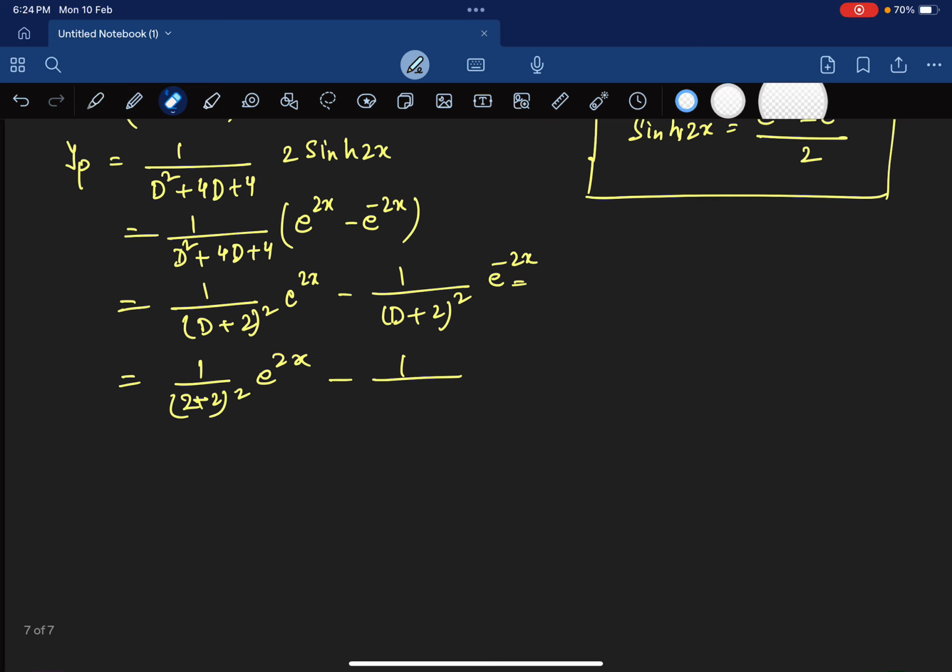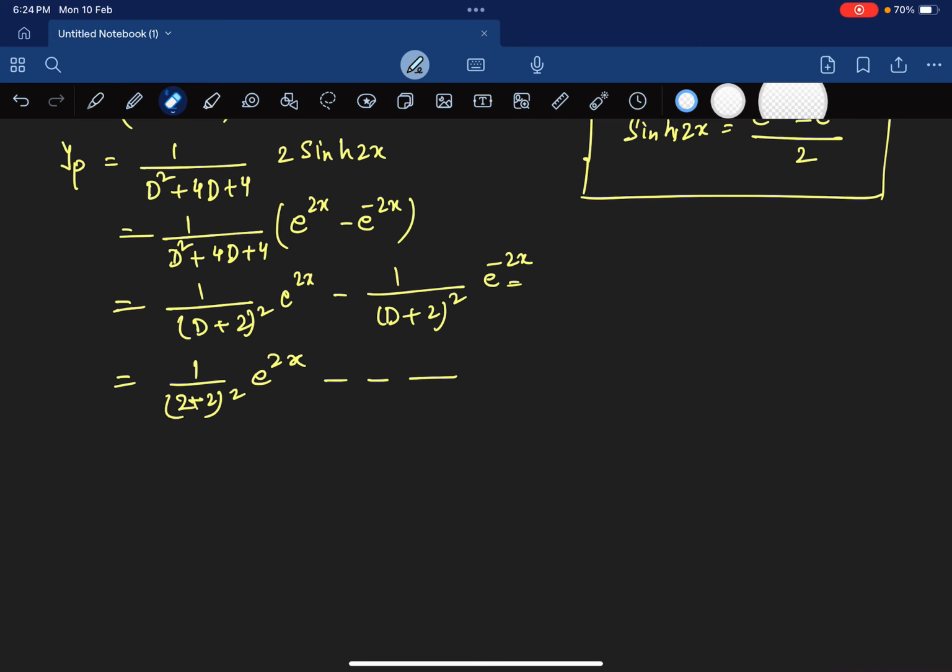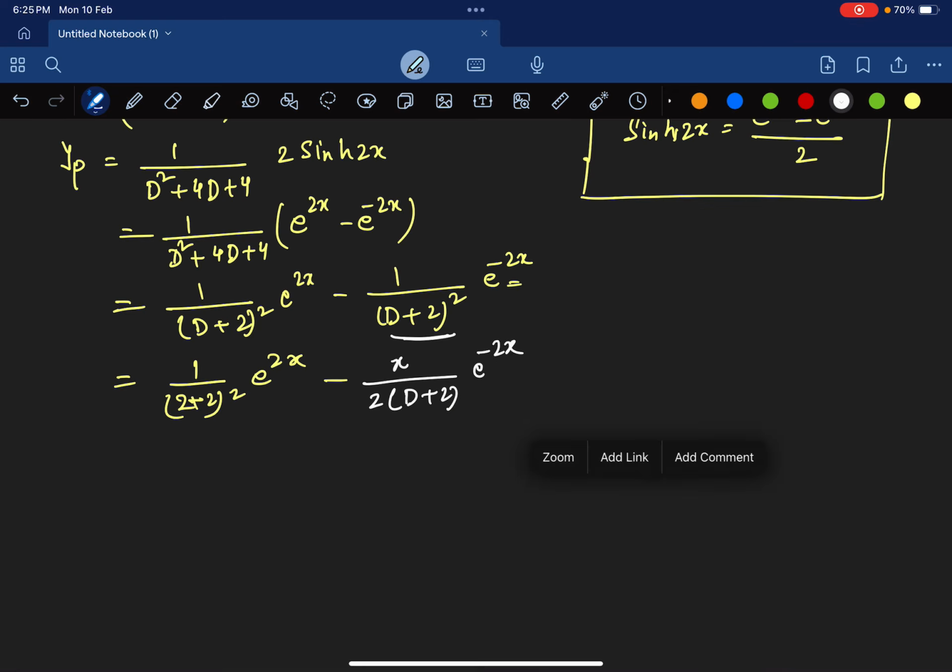So in that case, observe this treatment carefully. This is the application of the same formula with f dash, where f of a equals 0. Here multiply this upper term by x and differentiate this lower term by d first time. So what you are getting, 2 into d plus 2, so 2 into d plus 2 e power minus 2x. As per this setup, here again in place of d you need to put minus 2.